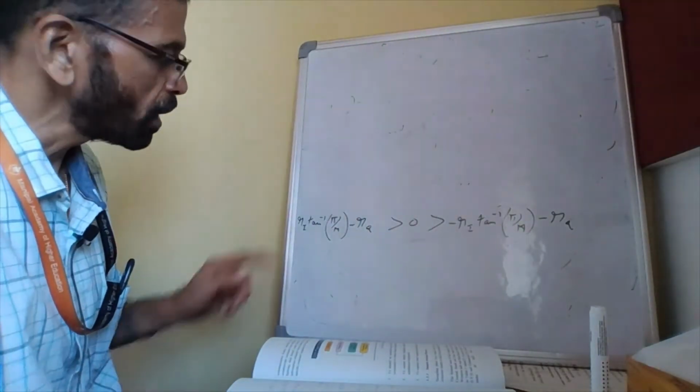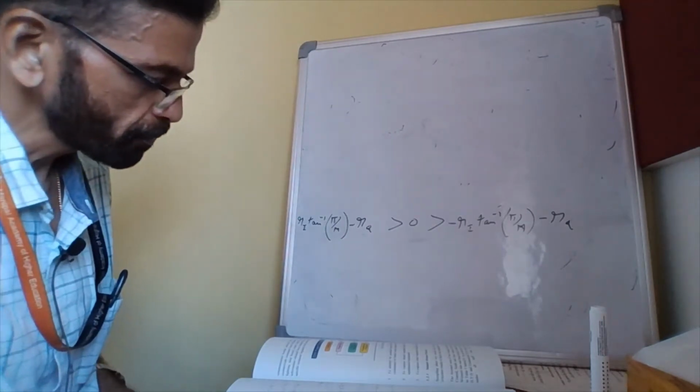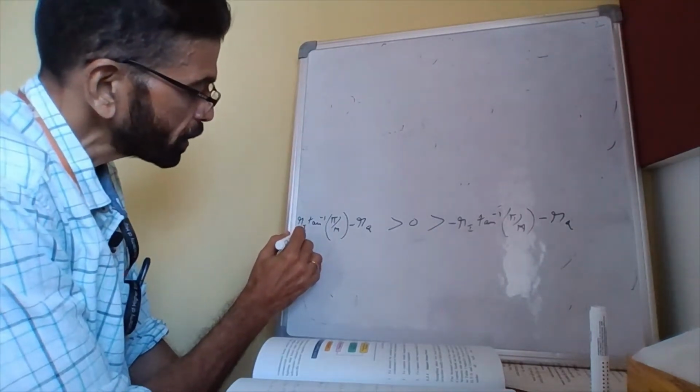So the point is, Ri and Rq are Gaussian random variables.